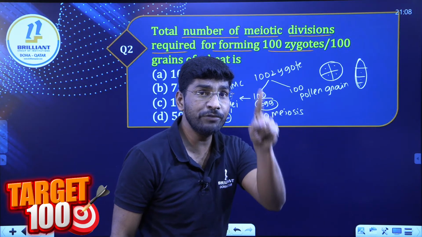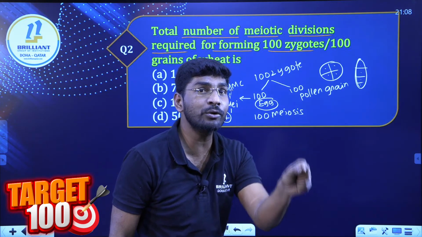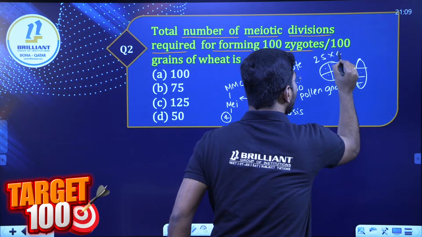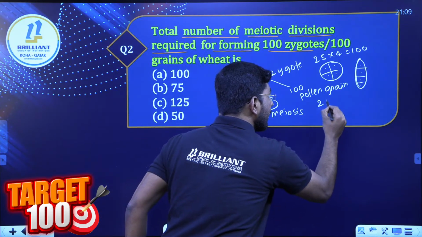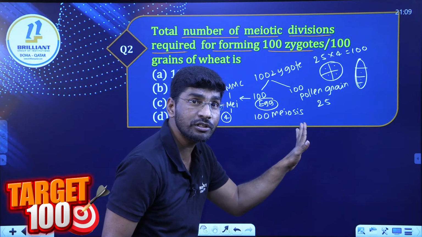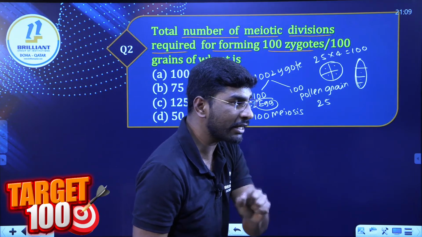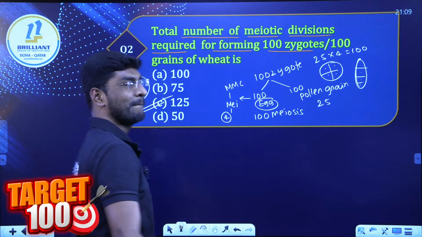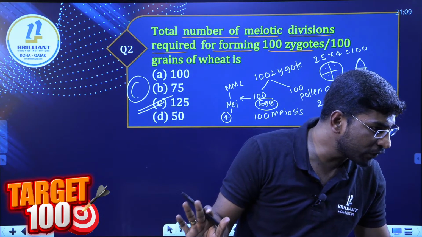That means 25 microspore mother cells into 4 will become 100. So for pollen grains, 25 meiosis divisions, and for eggs, 100 meiosis divisions. 100 plus 25 is 125. So the right answer is C. Am I clear? How many of you understand?